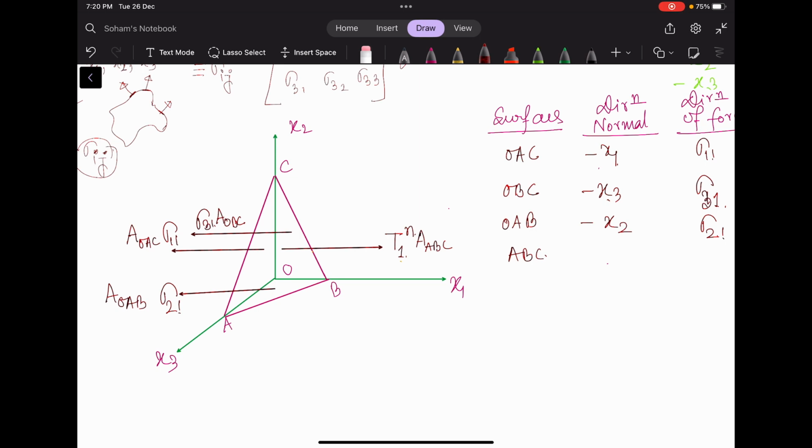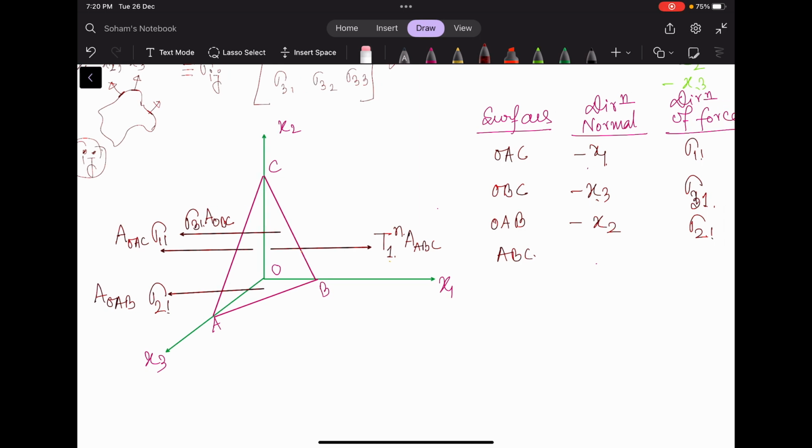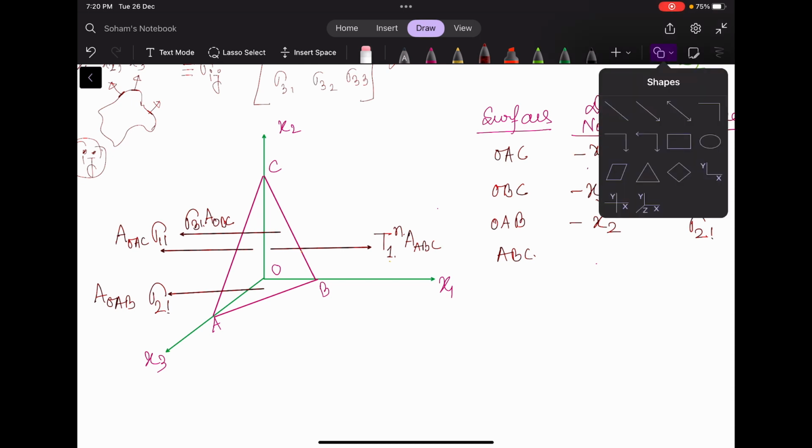So these are the forces. And another force is the body force. Body force in the x direction: we don't know whether it will be in negative x or positive x, so let us consider it arbitrarily in positive x.